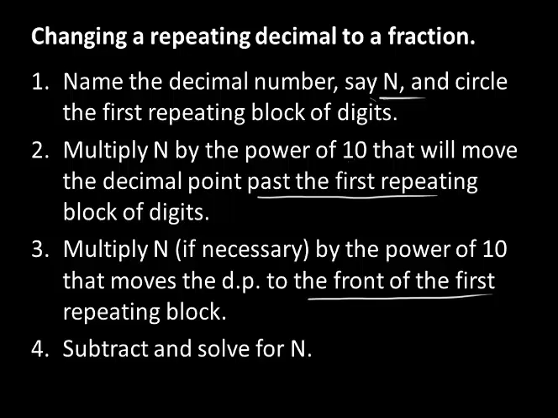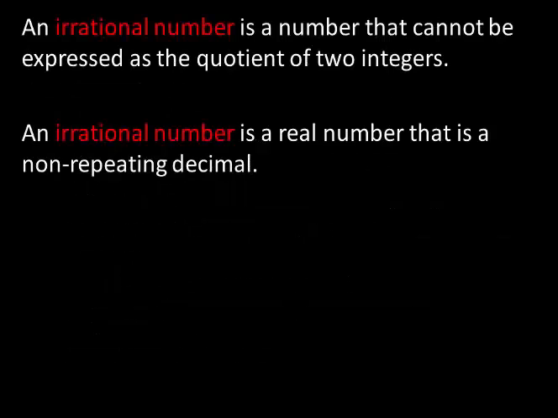But sometimes you have to multiply that by something in order to get the decimal parts of the two numbers exactly the same, to the right of the decimal point. Subtract and solve for n. So you could write down these steps and back up and go through the last 3 examples and see exactly how I used those 4 steps. In examples 1 and 2, I didn't need to use step 3.